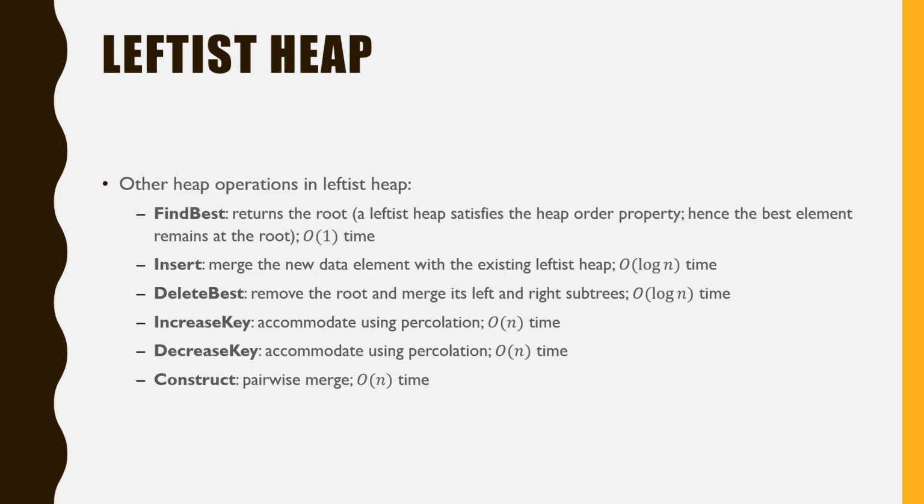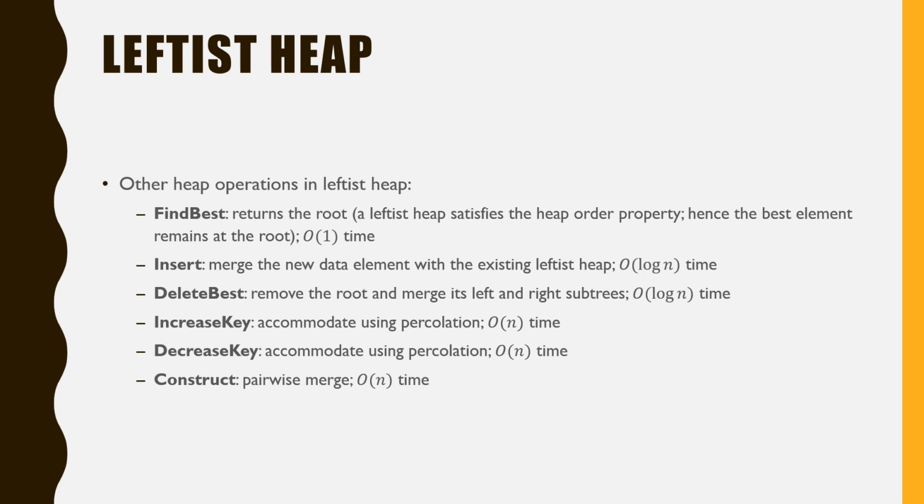After discussing the merge operation for leftist heap, we will proceed to present the other fundamental operations for leftist heap. First, since the heap order property still holds in a leftist heap, the best element is always at the root. This allows the find best operation to run in constant time, O(1). Second, to insert a new element, we treat it as a single node heap and merge it with the existing heap.